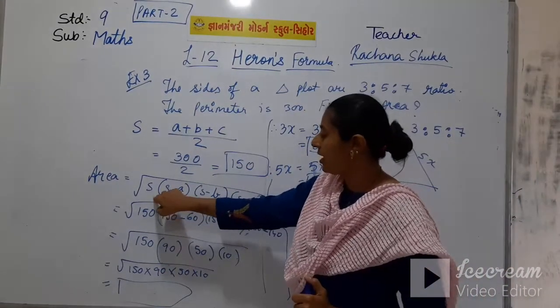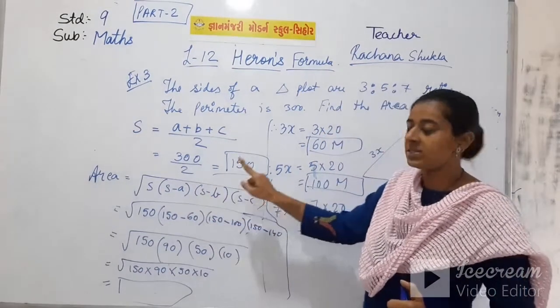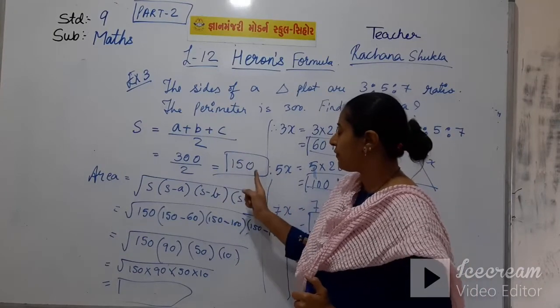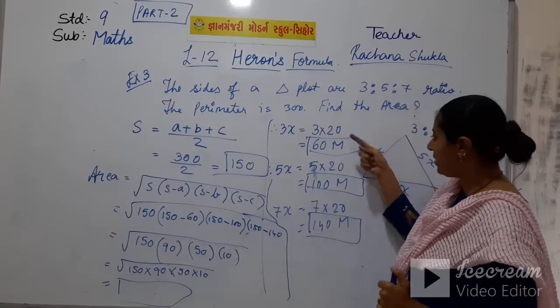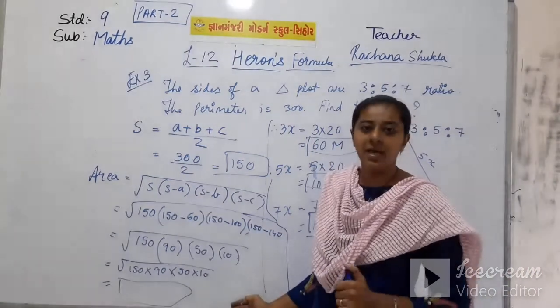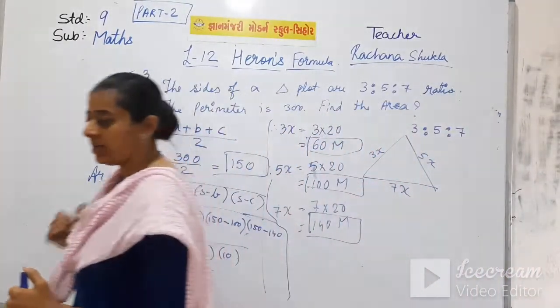The formula for area is the square root of S into S minus A, S minus B, S minus C. We put the values of S, 150, and the values of A, B and C from here. Then you will solve the sum and write it down yourself in your example book. So please note it down.